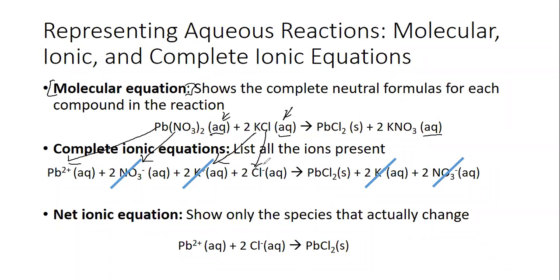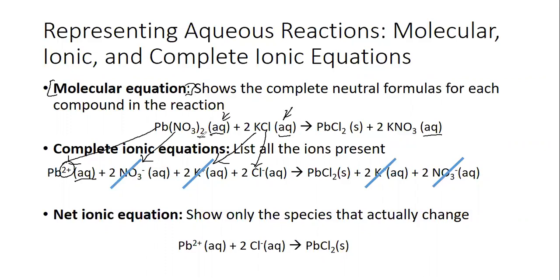So some things to note. When you write the complete ionic equation, you not only have to write the state it's in, you have to write the charge. Ions are not neutral like we talked about, so when you write ions, you have to write the charge.